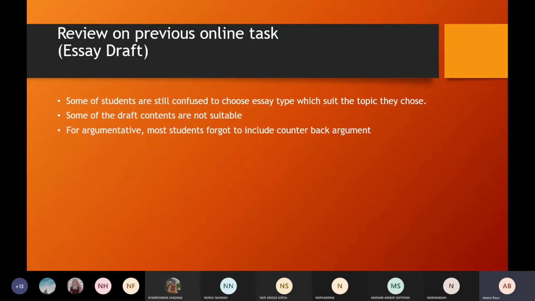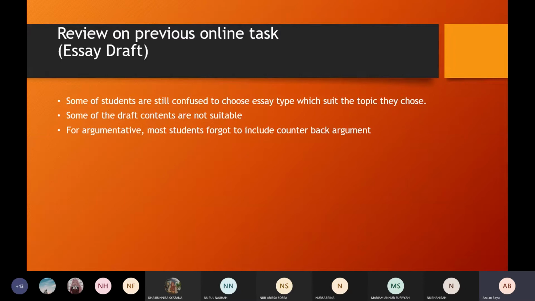Okay, for argumentative, most students forgot to include the counter argument. Okay, many of you may not understand this counter argument. But when doing argumentative, many forgot to include the counter argument, usually in main point 3.